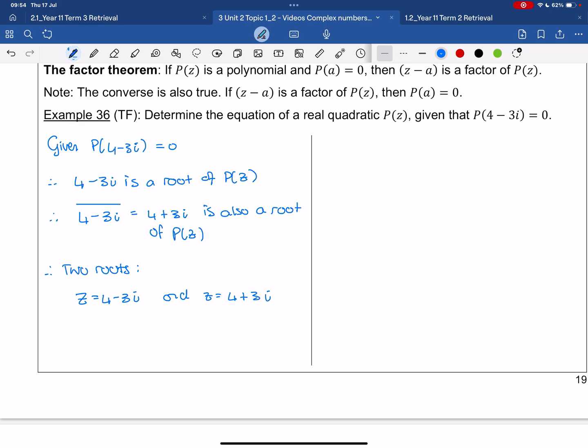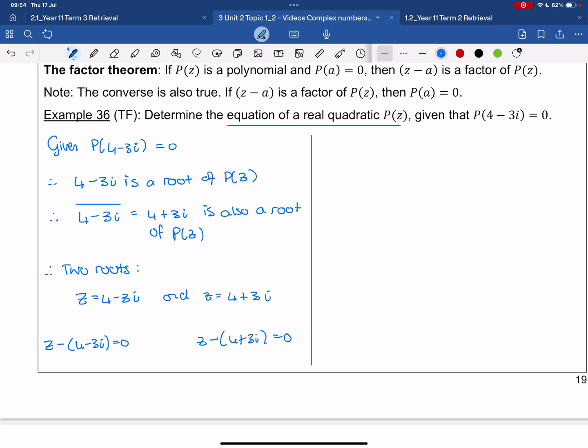I need to work backwards to get that to the original equation p of Z. So that would mean taking it back over to the left-hand side. So that's going to look like this: Z minus 4 minus 3i equals 0, or Z minus 4 plus 3i equals 0.